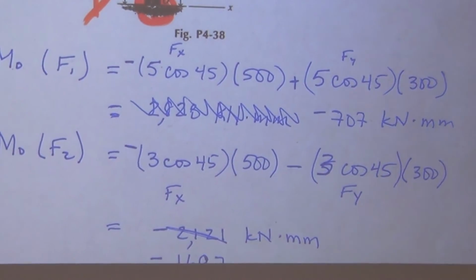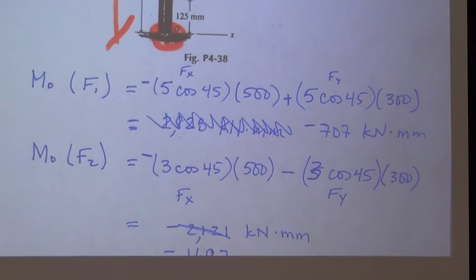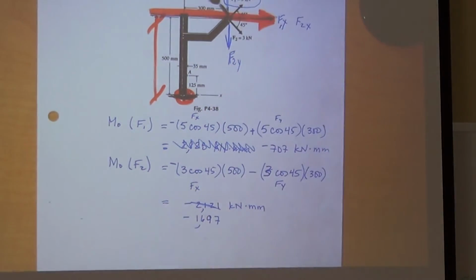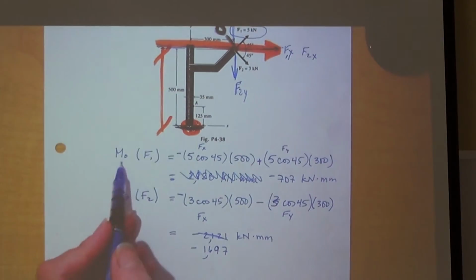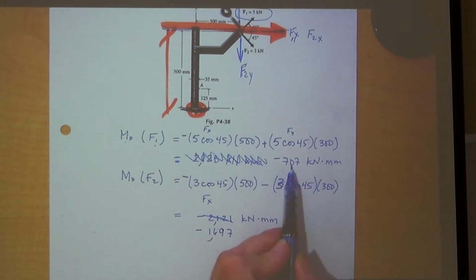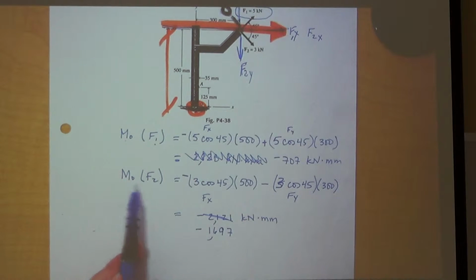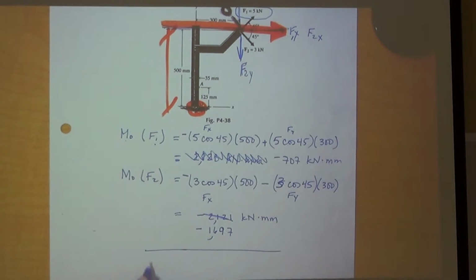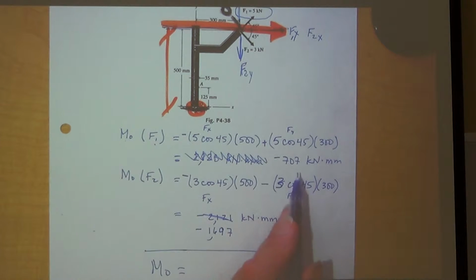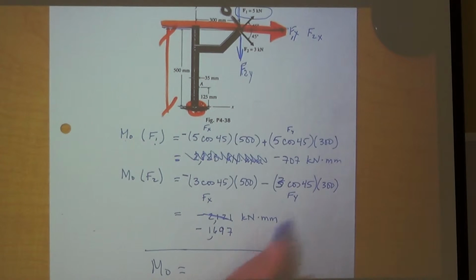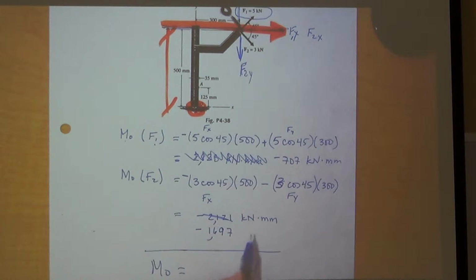So let's see, it looks like when we did this problem, let me zoom out a little bit. We found that the moment at O due to F1 is this, and the moment at O due to F2 is this. So the moment about O would be the addition of both of those.